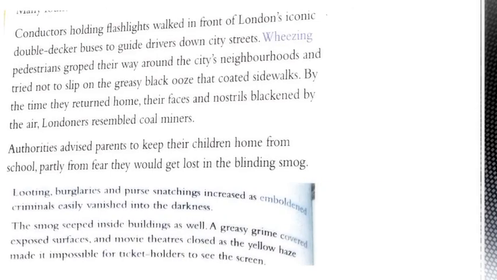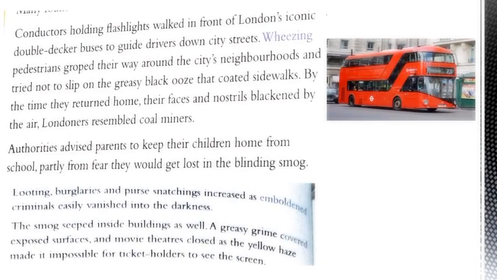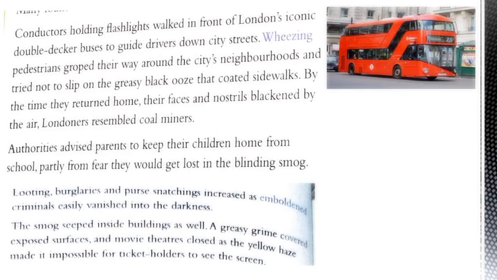Conductors holding flashlights walked in front of London's iconic double-decker buses to guide drivers down city streets. Pedestrians groped their way around the city's neighborhoods and tried not to slip on the greasy black ooze that coated sidewalks.